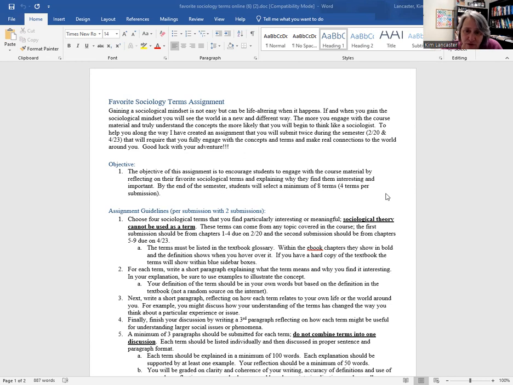So all throughout the semester, you will be picking a minimum of 8 terms or concepts from the textbook that interest you. You cannot use sociological theory, as this says right here, no sociological theory. But you can use any other terms that you find within the textbook. Now, when I say terms, it means that it has to be a term that's actually listed in the glossary or within the ebook.